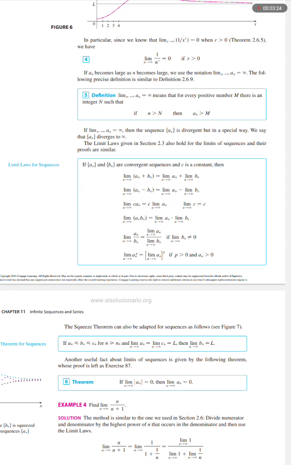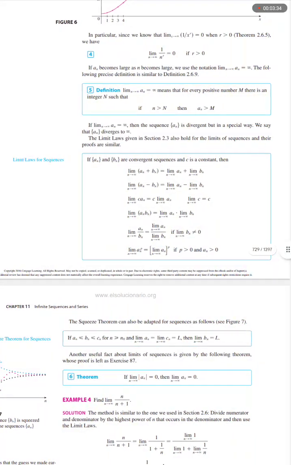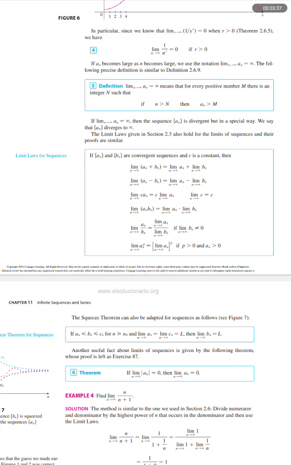The limit laws given in section 2.3 also hold for the limits of sequences, and their proofs are similar. Limit laws for sequences. If {a sub n} and {b sub n} are convergent sequences and c is a constant, then the limit as n approaches infinity of (a sub n plus b sub n) equals the limit as n approaches infinity of a sub n plus the limit as n approaches infinity of b sub n.